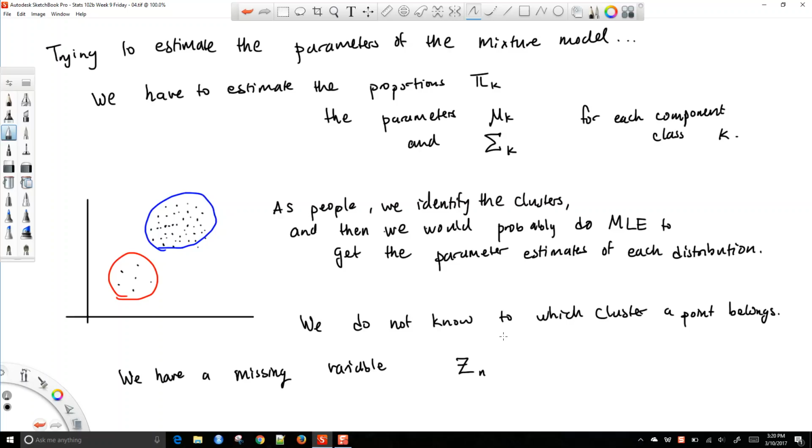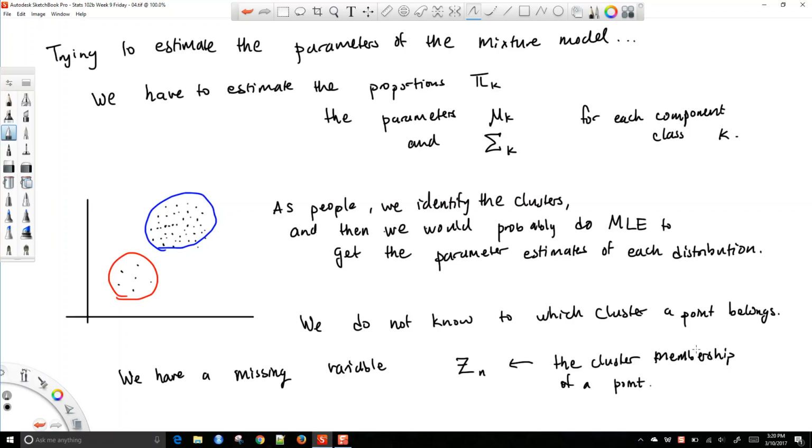We have a missing variable, which is the identity of which cluster a point belongs to. Z sub n will be the cluster membership of a point. And so this is what we want to try to figure out.